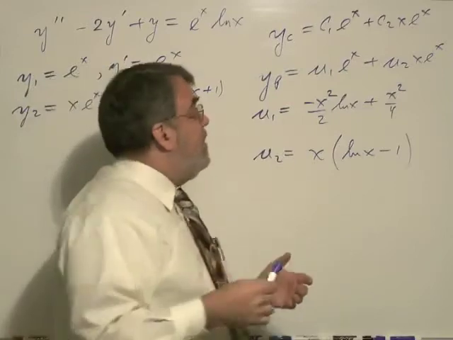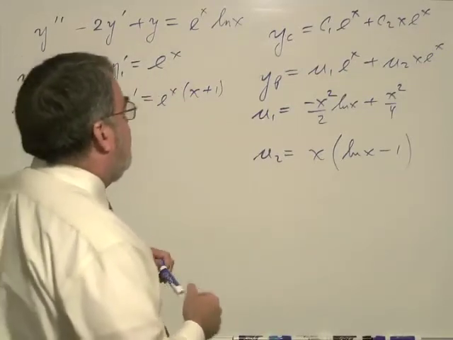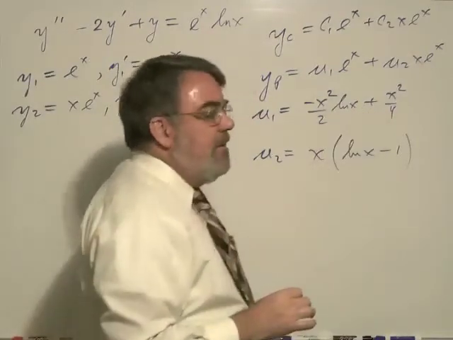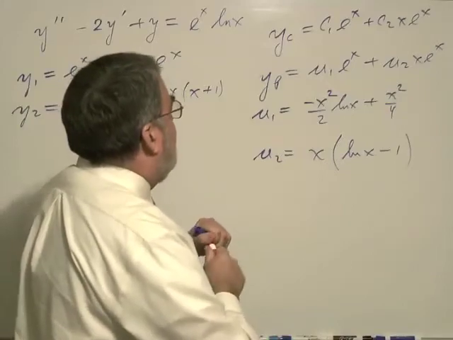Now we can begin to write out the general solution. Before I do that, I'm going to combine these together. I'm sorry, I'm going to factor out the x squared part.